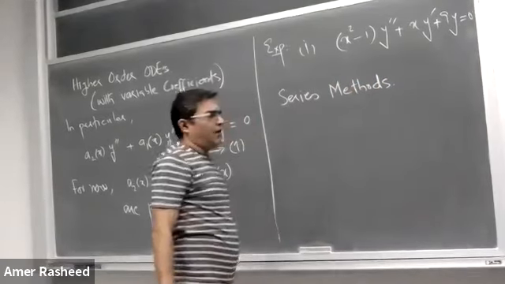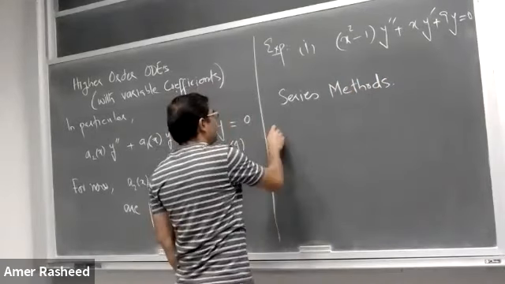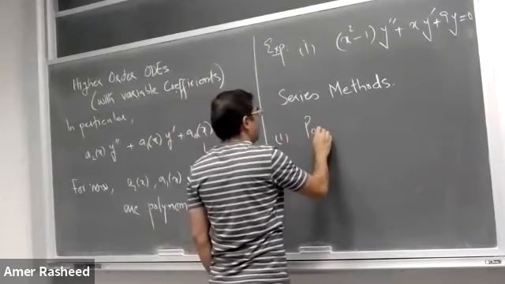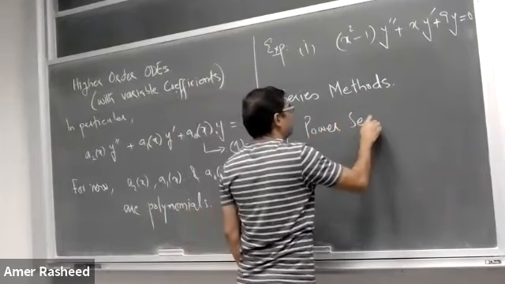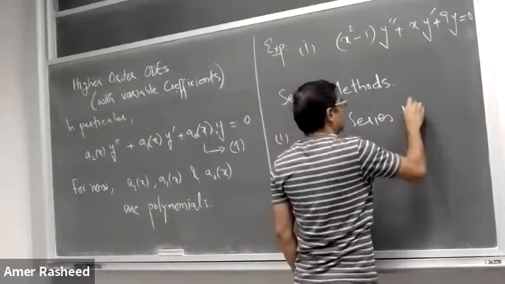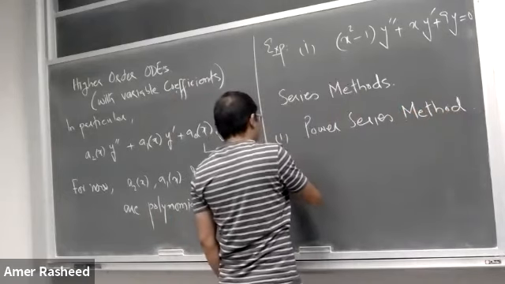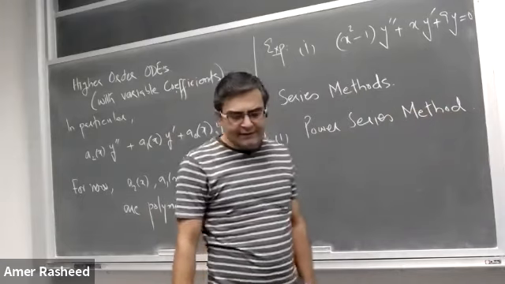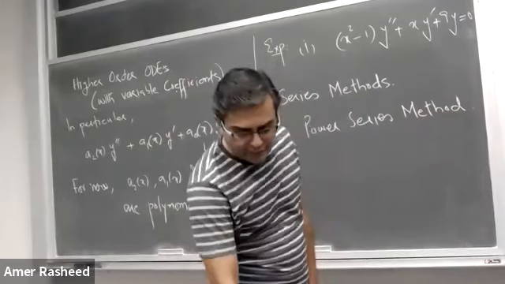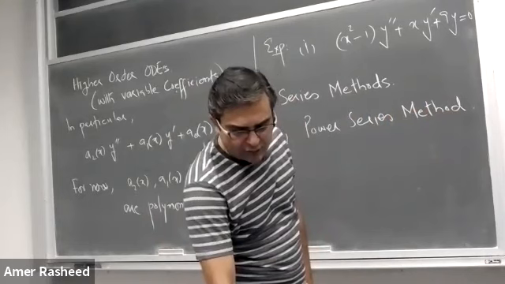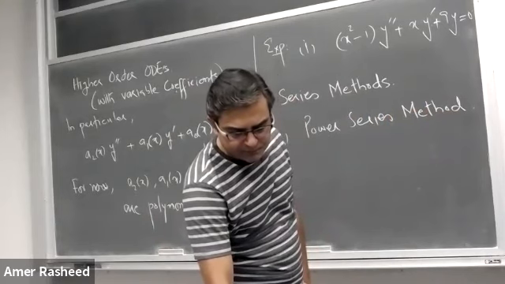In fact, we are going to discuss two methods. The first one is the power series method. And the other one is an advanced form of this method, which is called the Frobenius series method, or Frobenius method simply.